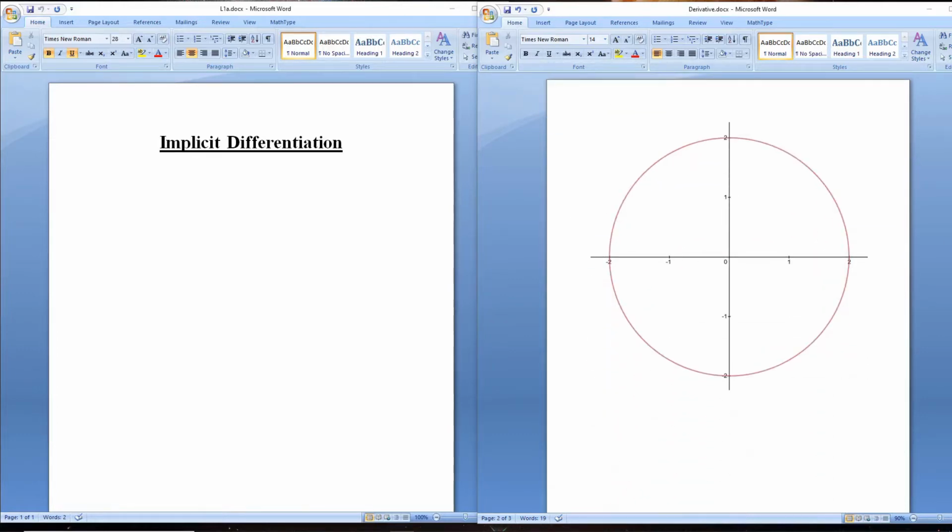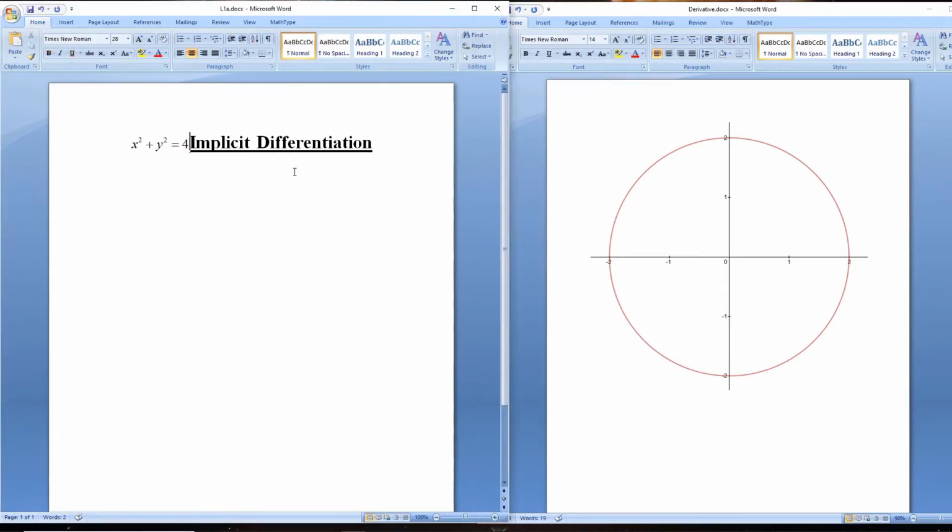Now, the equation for a circle is x squared plus y squared equals r squared, r being the radius. And the circle I have here is radius 2, so that's why we get a 4 there. You can't solve this for y and get a circle, because a circle is not a function.